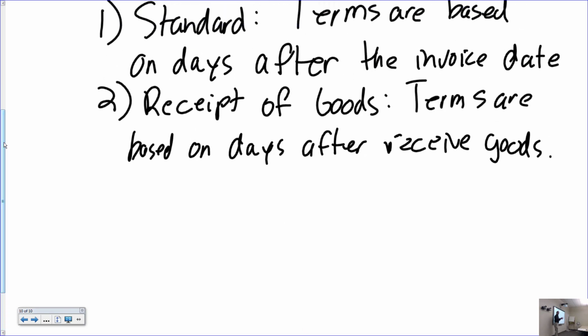Again, exactly, right? But the whole point is that if you're negotiating these sorts of things, if you try to negotiate using standard terms, you may get up to a 2% discount. If you're using receipt of goods terms, they will probably never give you more than 1% ever. Well, why would you do that then? Because you don't want the risk. Because you would rather get 2%, right? But then you may have to pay for goods before you've received them.